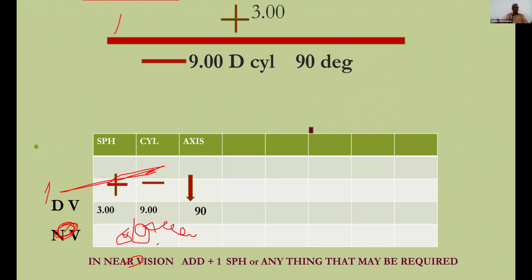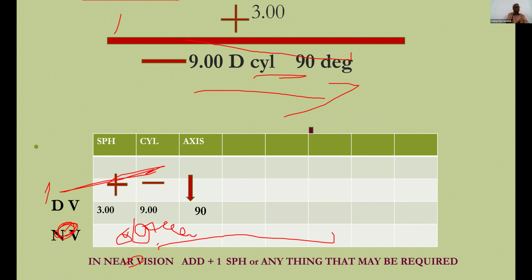Suppose you have forgotten everything, how to remember? Minus 180 is the rule.